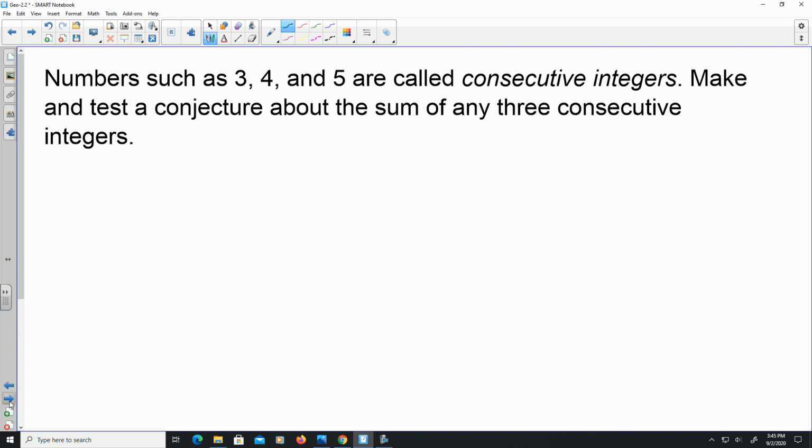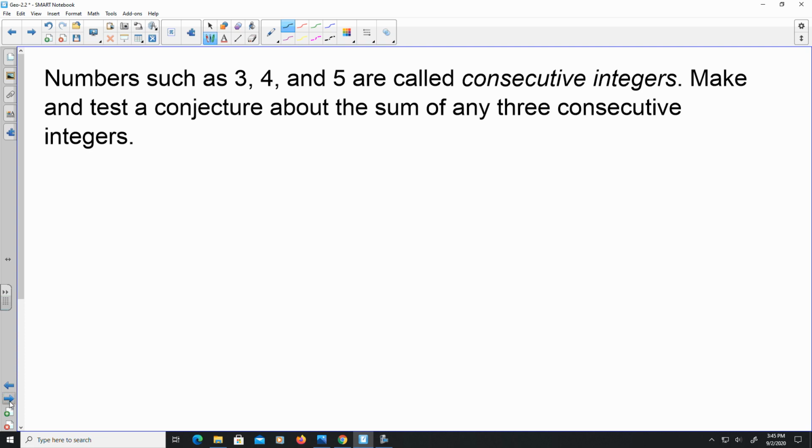In this example, it says numbers such as 3, 4, and 5 are called consecutive integers. It says make a conjecture about the sum of any three consecutive integers. Well, let's just use those three numbers that they gave us.